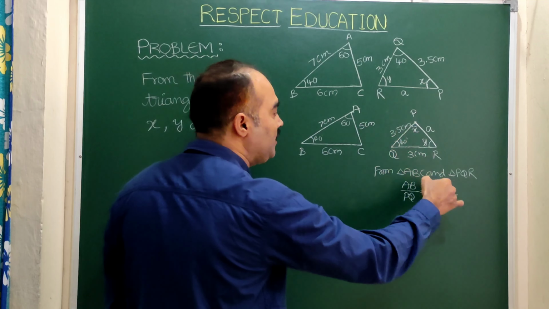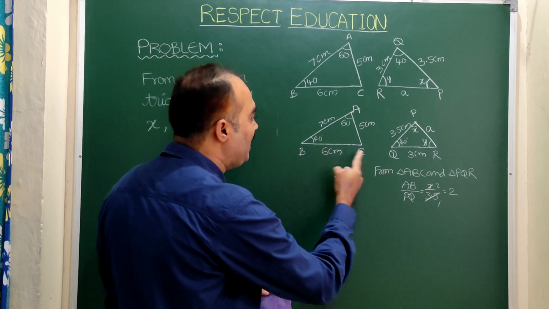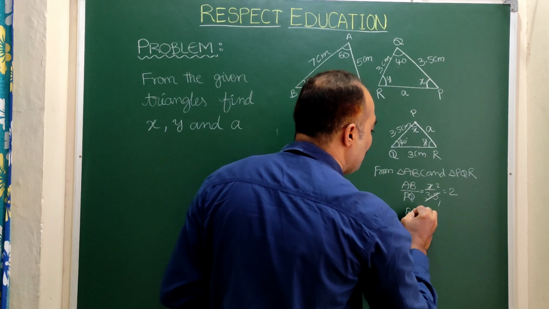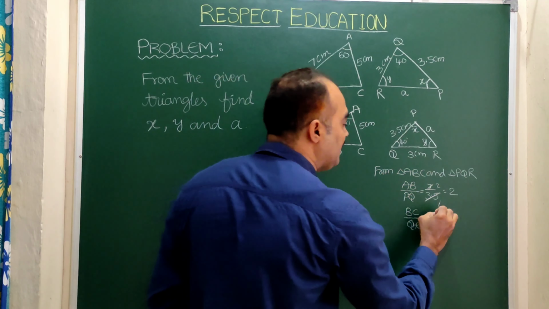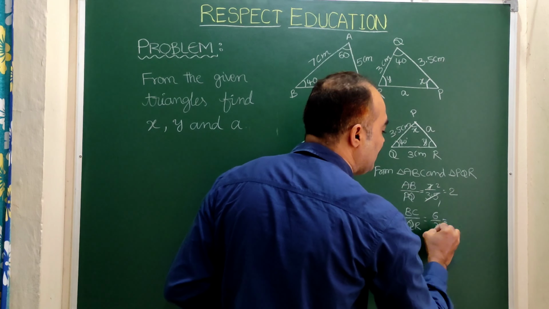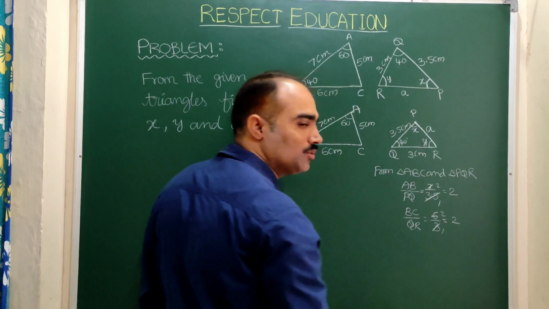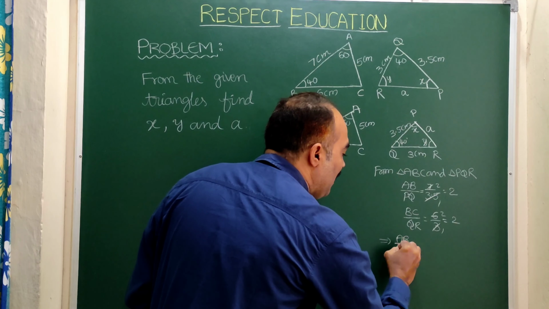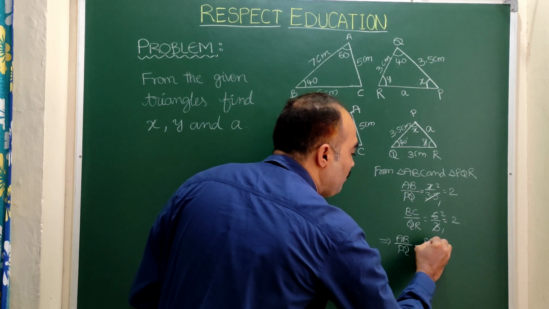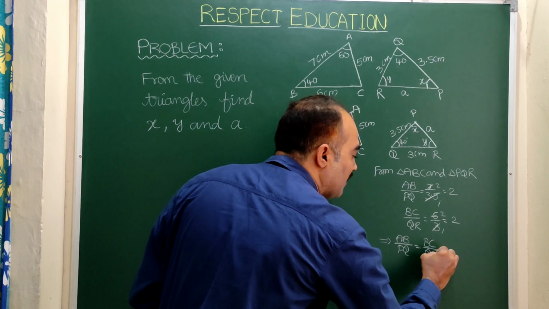AB by PQ is 2. Same way BC by QR, BC is 6, QR is 3, equal to 6 by 3, which is also 2. So we get AB by PQ is equal to BC by QR.